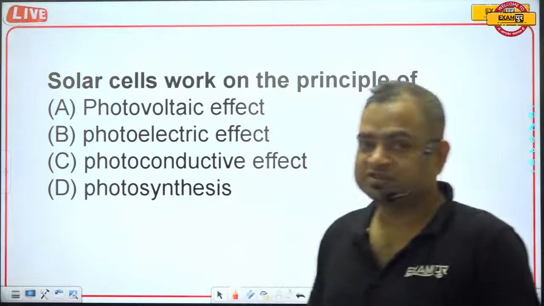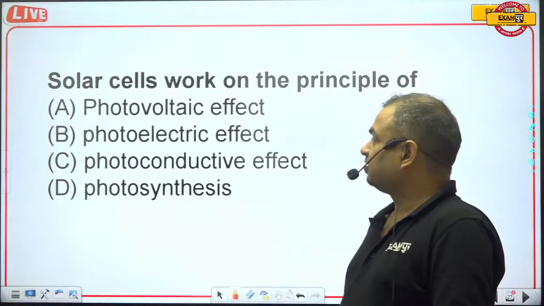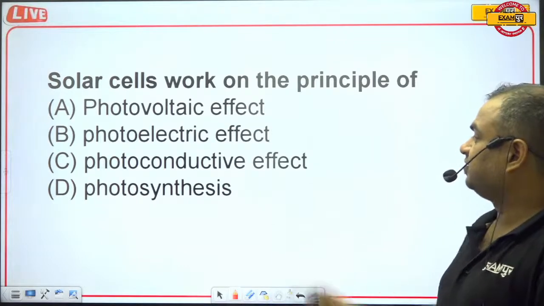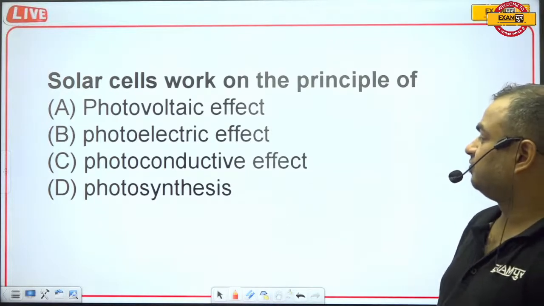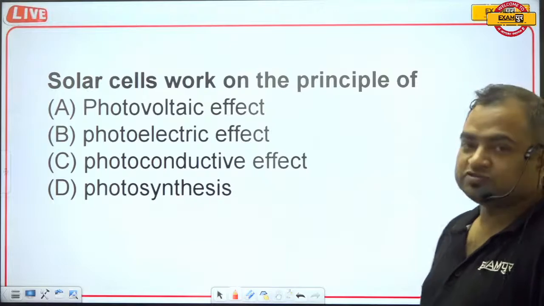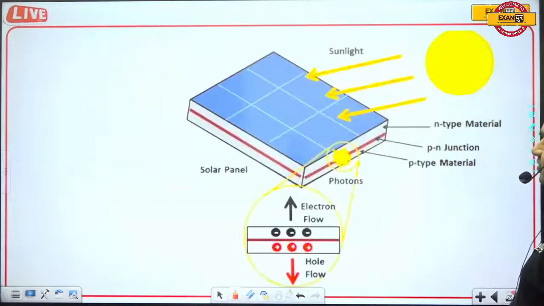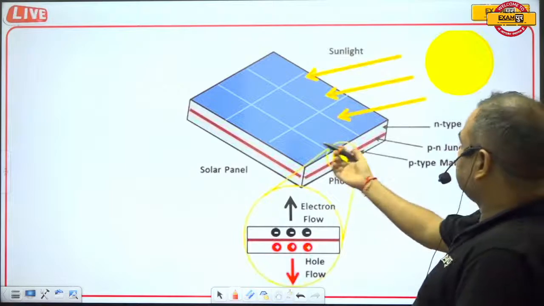Solar cells work on the principle of: photovoltaic effect, photoelectric effect, photoconductive effect, or photosynthesis. So which one is the correct answer? First of all, let us see the picture of this. This is the sun and this is the solar panel.